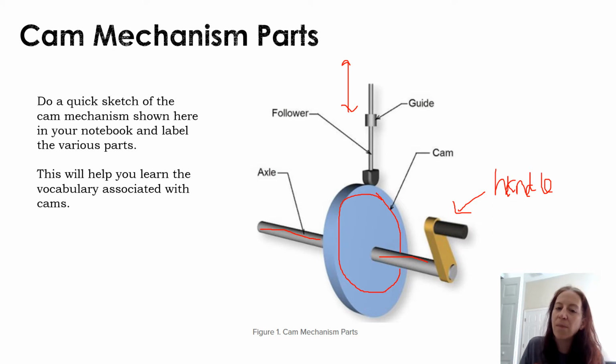And then in order to stop the follower from wobbling, there's often a guide on it. That is something that goes around the follower to just make sure that the follower keeps going up and down and it doesn't turn, because we know from real life and our study in engineering that things are imperfect, and even just a little bit of error with a measurement is going to cause something to wobble, and that could cause the device on top of the follower, which we usually call the topper, but we're not dealing with that in this lesson, to actually not move the way that you want it to move.